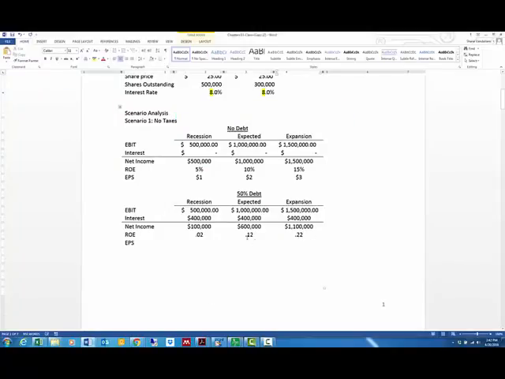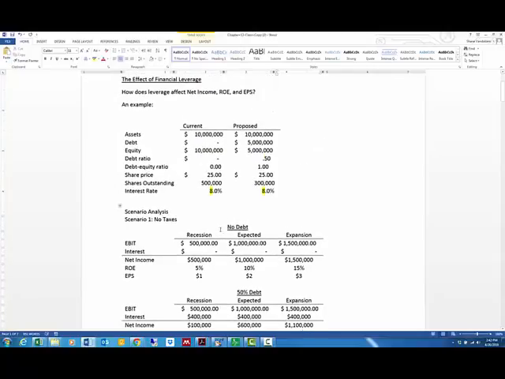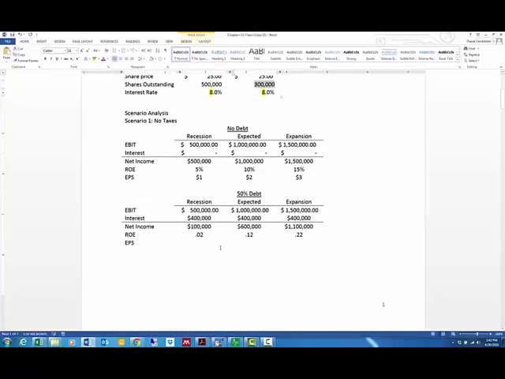For the earnings per share, we're going to take the net income divided by the number of shares outstanding of 300,000. So in the first case, it's 100,000 divided by 300,000, or 33 cents. In the second case, it's 600,000 divided by 300,000, or $2.